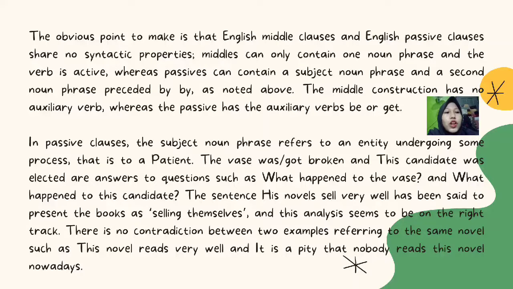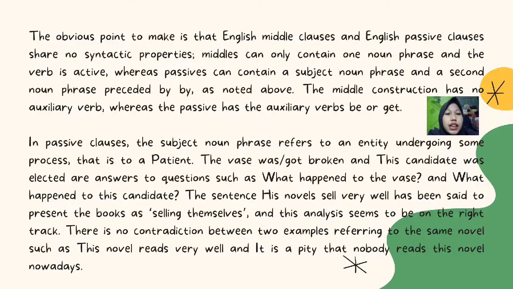The middle construction has no auxiliary verb, whereas the passive has the auxiliary verbs be or get. In passive clauses, the subject noun phrase refers to an entity undergoing some process, that is, to a patient. The vase was or got broken, and this candidate was elected, answer questions such as what happened to the vase and what happened to this candidate.